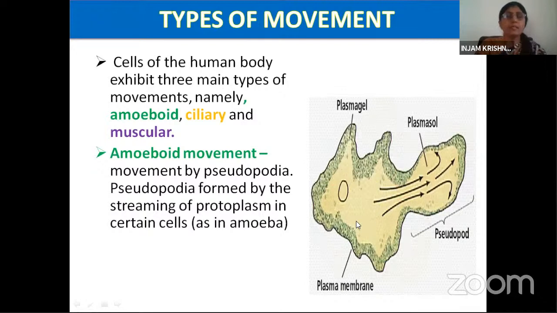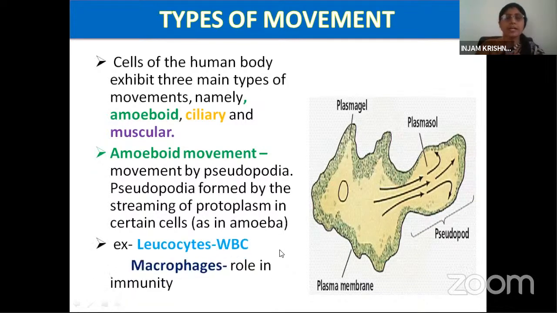Okay, we can see such kind of movement in amoeba, but can we see it in the cells of the human body? Yes, we can see such a kind of movement in the cells of our body. Leukocytes, for example. Leukocytes, WBC, white blood corpuscles. So what is the function of leukocytes? You know it. They capture the harmful microorganisms or foreign materials. Next, macrophages. Macrophages are also one kind of WBC, of course, but after maturation we call them macrophages.